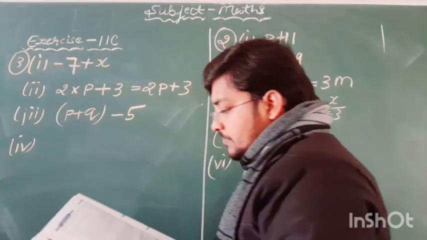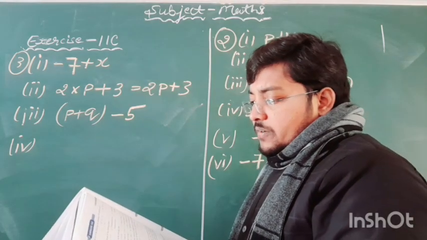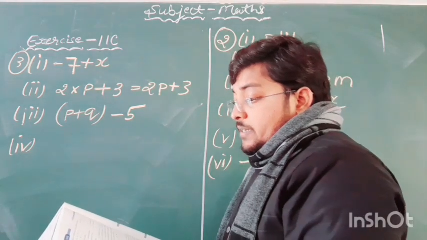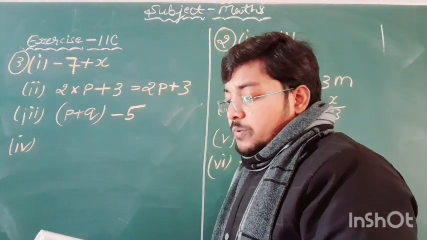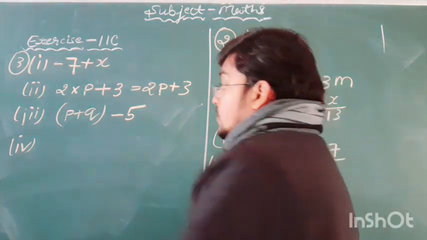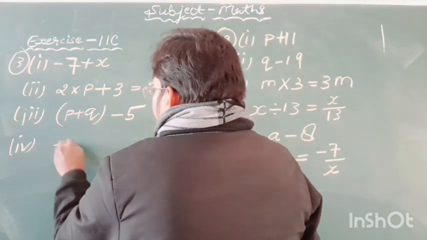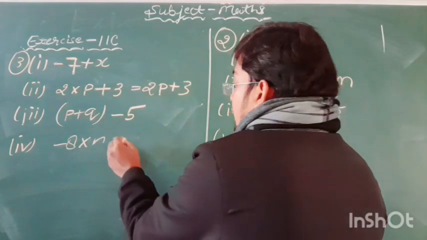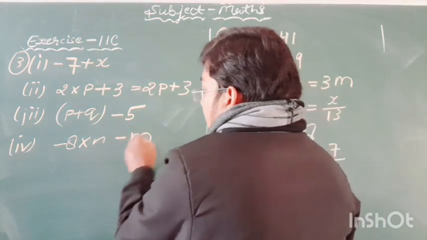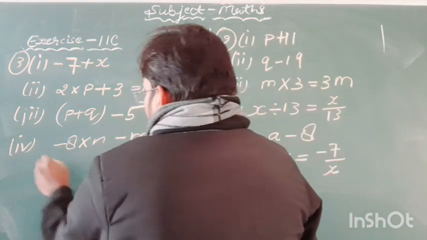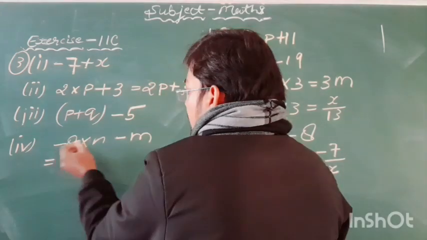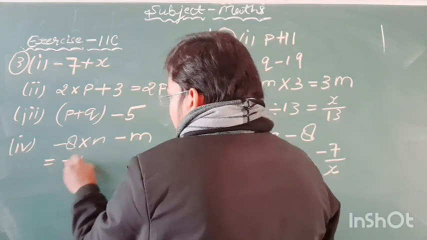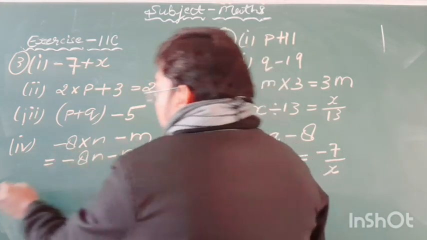Fourth is m less than product of minus 8 and n. So first we write the product of minus 8 and n and after that minus m. So it is also written in the form of minus 8n minus m.